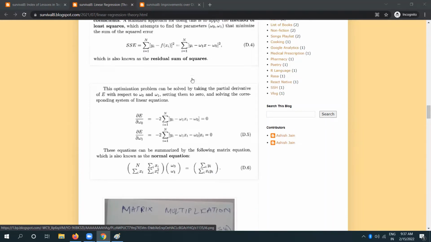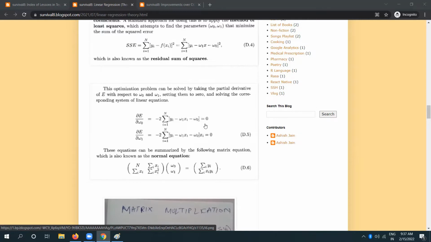No, sorry, we have to differentiate this equation. This is what has already been differentiated. When we differentiate equation D dot 4, we get equation D dot 5. So when you differentiate D dot 4, you get D dot 5, and then we set it to 0.